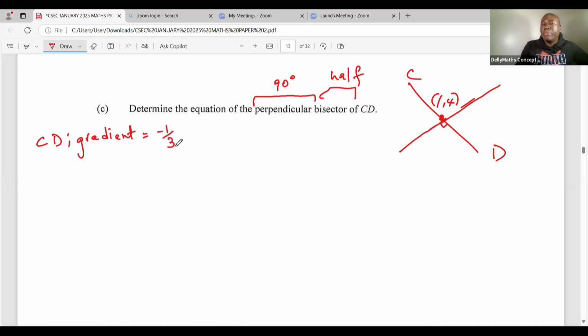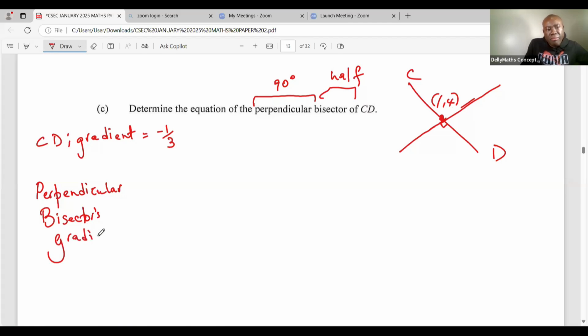When lines are perpendicular, their gradient is the negative reciprocal. So for the perpendicular bisector's gradient, the gradient of this line is going to equal 3/1, and it's going to be positive. So you flip it upside down and change the sign. So definitely this is just basically 3.